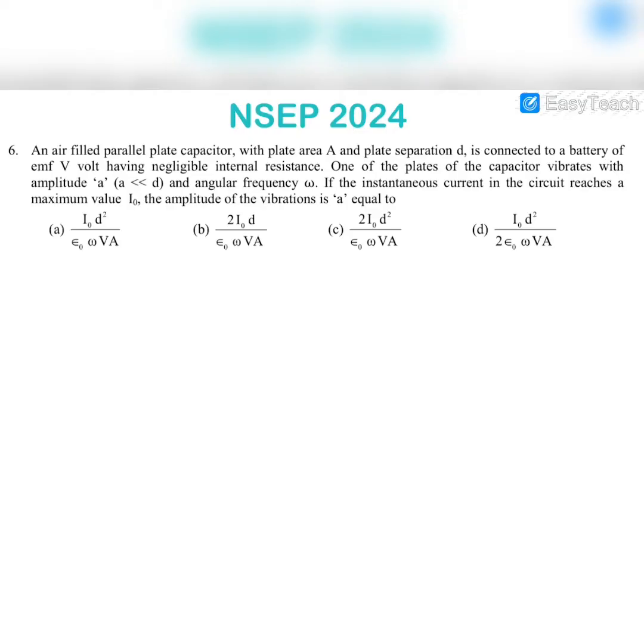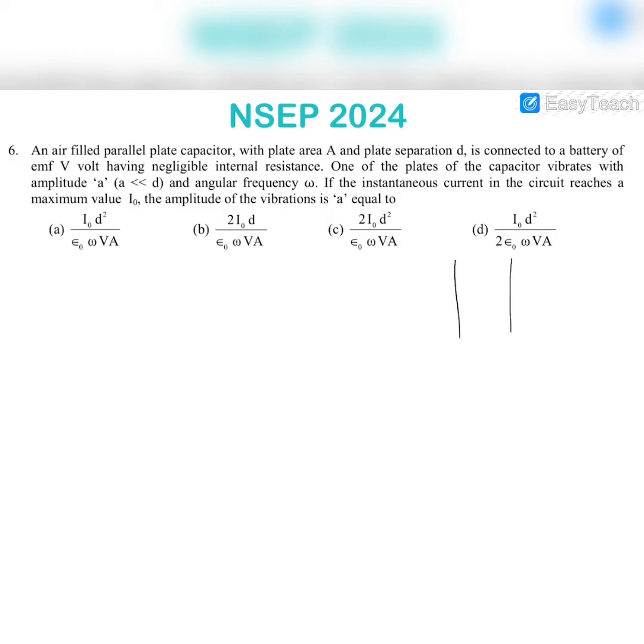In this question, you can see that there is an air-filled parallel plate capacitor whose plate area is A and the separation between the plates is D. So let us draw the scenario.